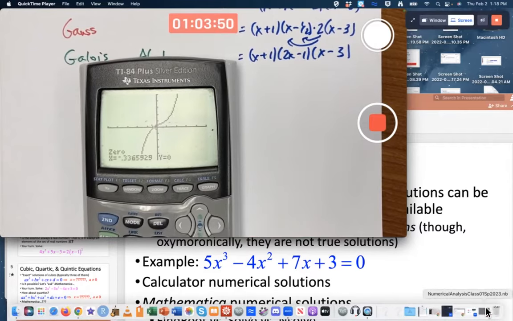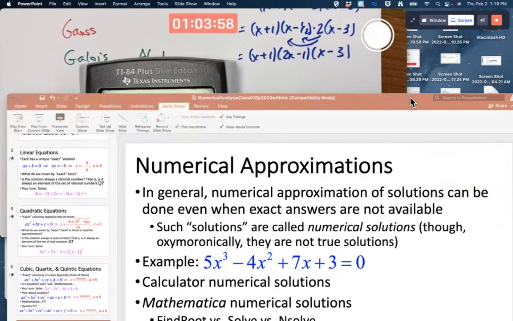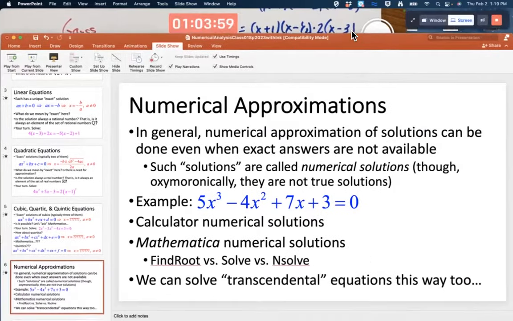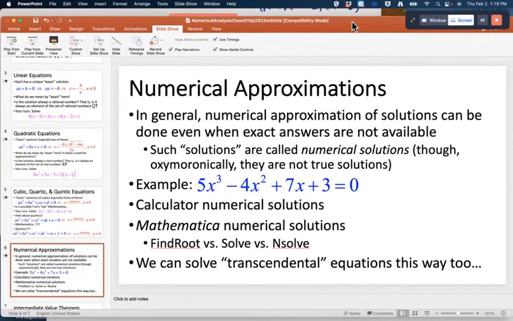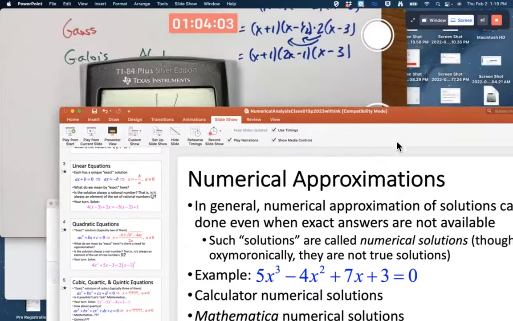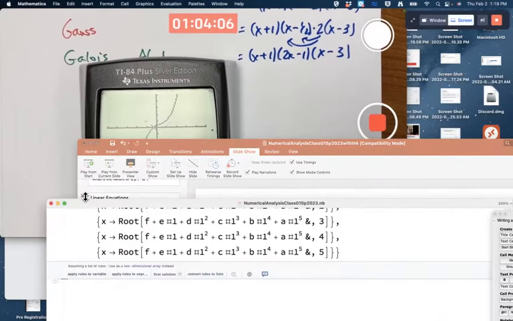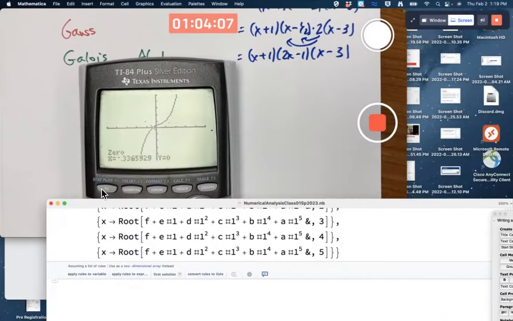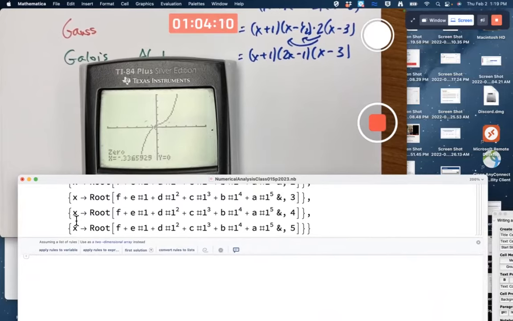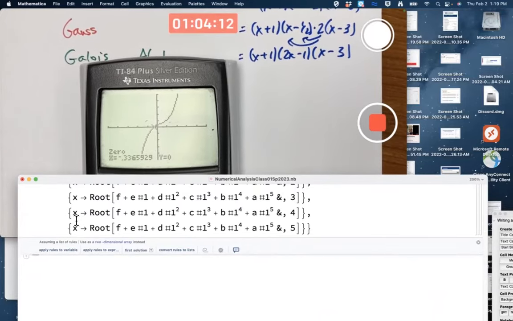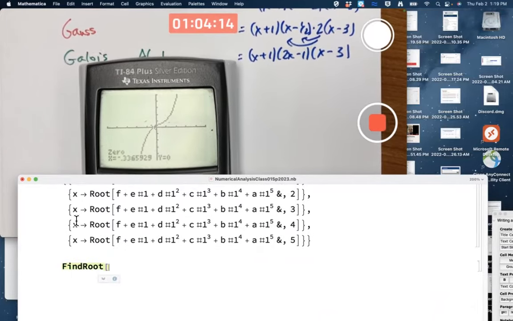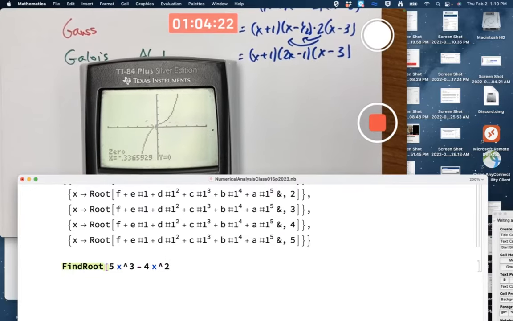In Mathematica, in the PowerPoint, I say we could use FindRoot or Solve or NSolve. Okay, let's use FindRoot first. That's in general the thing we're going to have to use. What was the function again? 5x cubed minus 4x squared plus 7x plus 3.